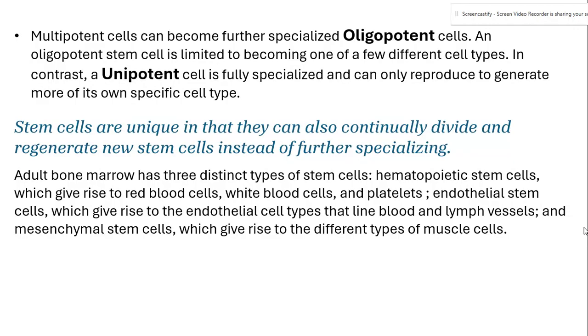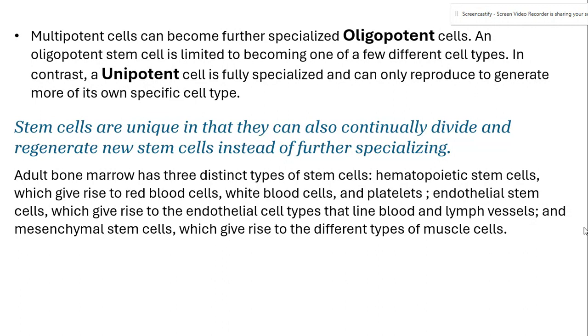Adult bone marrow has three distinct types of stem cells: hematopoietic stem cells, which give rise to RBC, WBC, and platelets; endothelial stem cells, which give rise to endothelial cell types that line blood and lymph vessels; and mesenchymal stem cells, which give rise to different types of muscle cells. All right. So adult bone marrow has three distinct types of stem cells: hematopoietic stem cell, right?